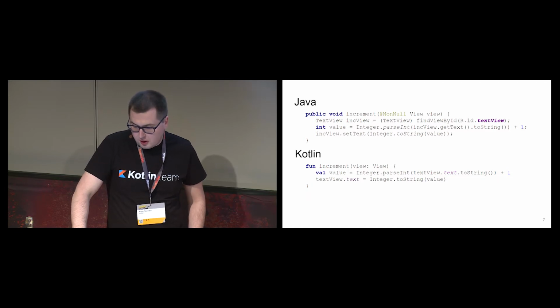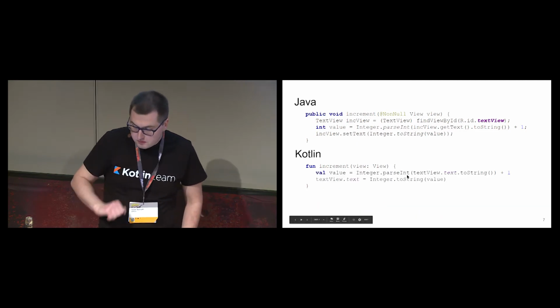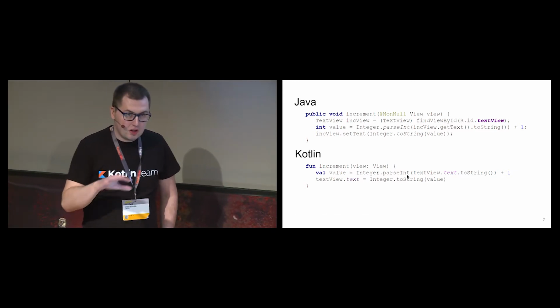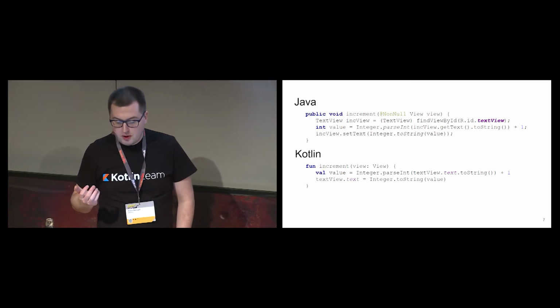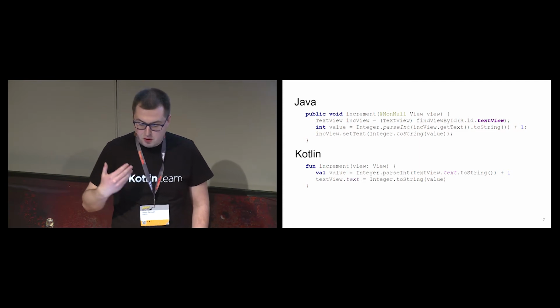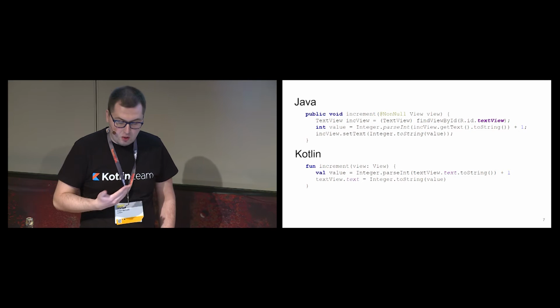Right. So how can we make it even better? Still. So imagine you are using this text field from different locations, like you want to increment, decrement, and maybe use it somewhere else. You don't want to do the conversions all the time. You don't want to extract the text and cast it to string and then parse it all the time.